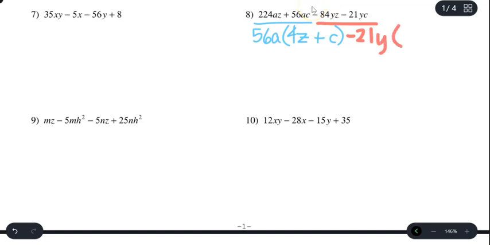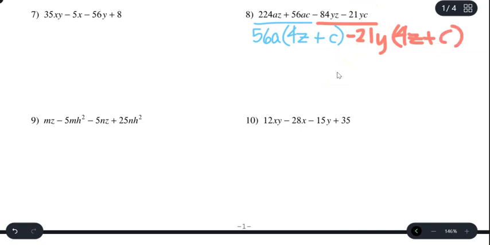Now watch what this does. What's a negative 84 divided by a negative 21? Positive 4, and I have a z. Do you see how that becomes positive? What's negative 21 divided by negative 21? Positive 1. And then I factored out the y, so I'm left with c.